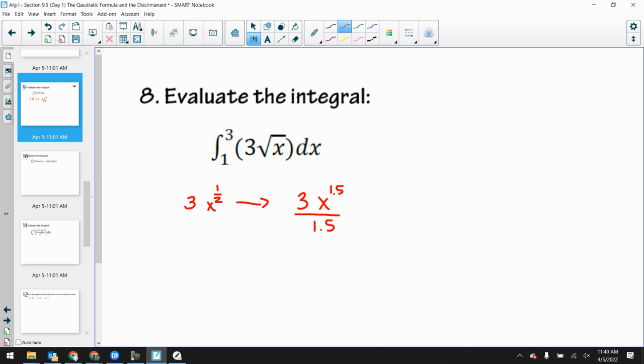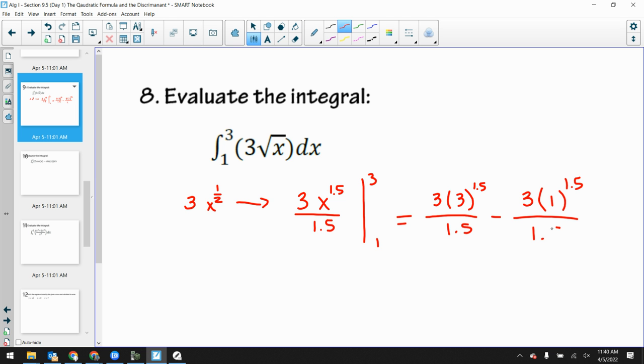No. If I made that a fraction, I'd be able to reduce it a little better, but who cares? I'm only concerned with finding the actual area under the curve. So 3 times 3 to the 1.5 over 1.5 minus 3 times 1 to the 1.5 over 1.5.